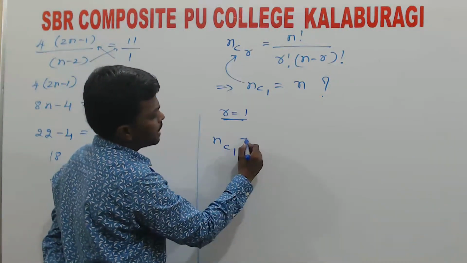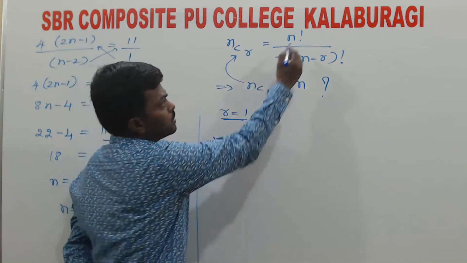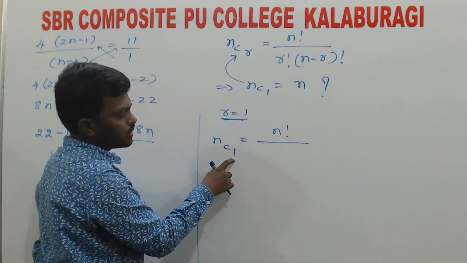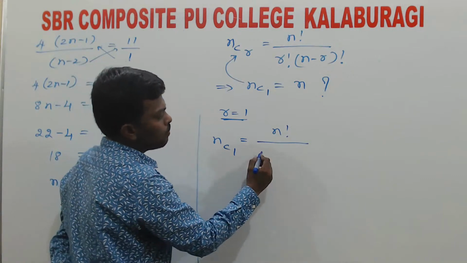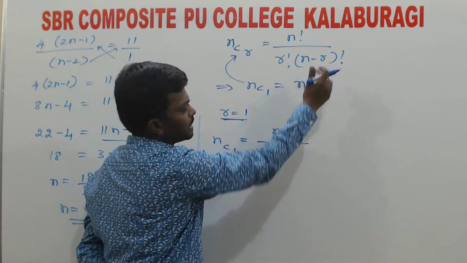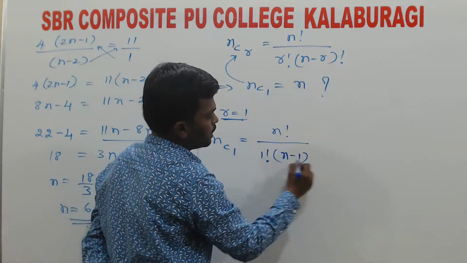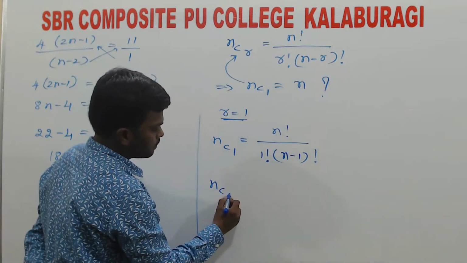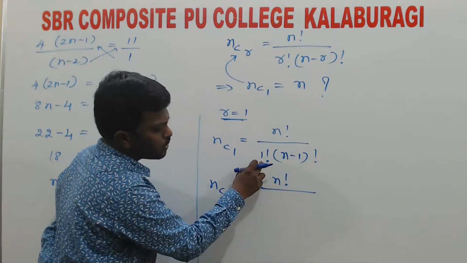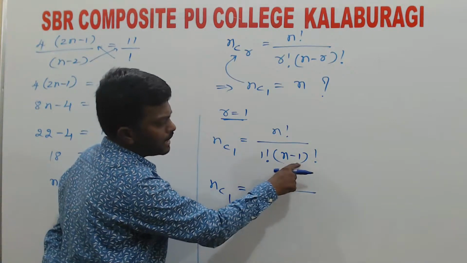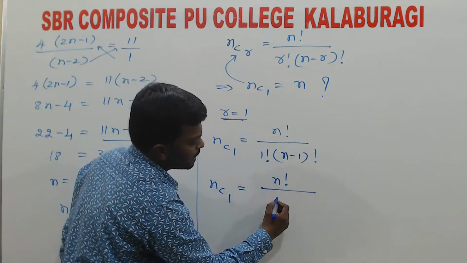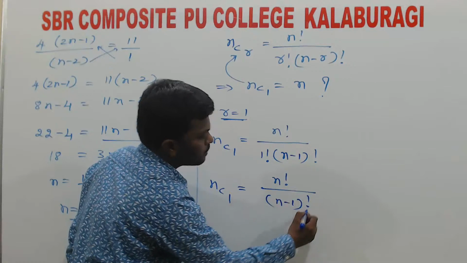So nC1 is equal to n factorial divided by r factorial, students. So what is r here? 1 factorial. Okay, so now next part, n minus r, so n minus 1 whole factorial. So nC1 is equal to n factorial. 1 factorial will be 1. 1 into n minus 1 factorial will be n minus 1 factorial.